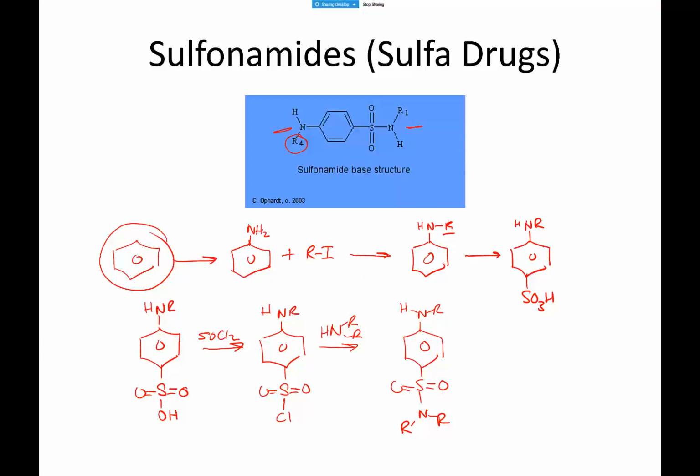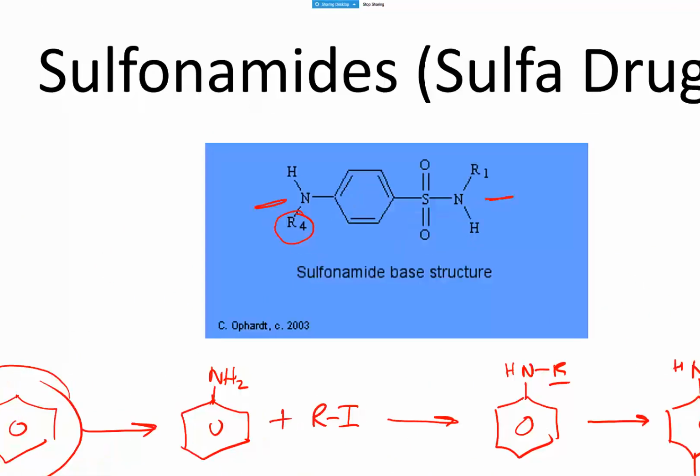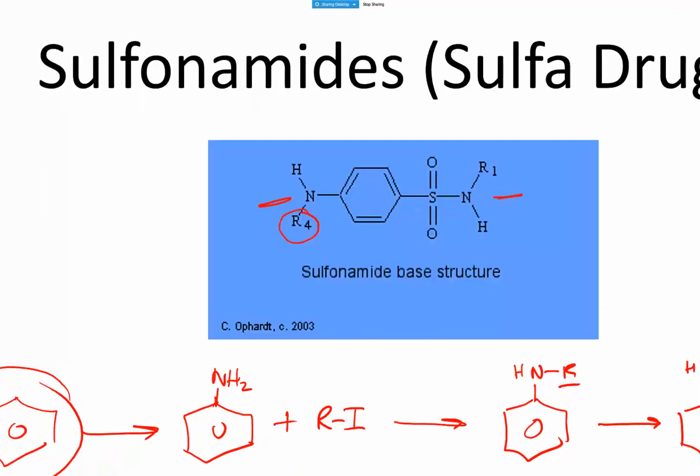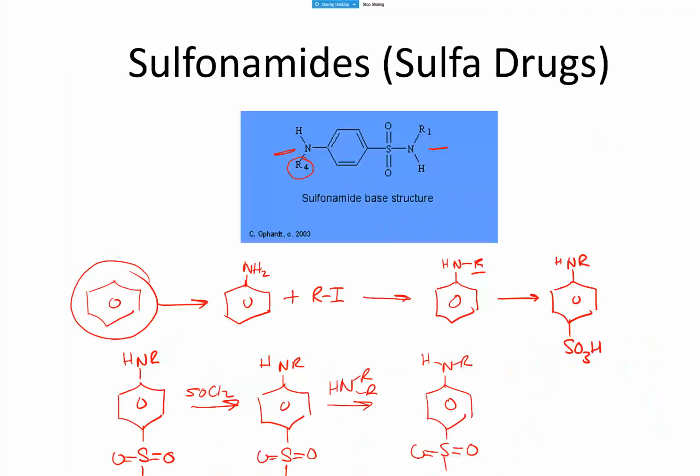So, in a sulfamide drug, you have a nitrogen group attached to the ring. You have an SO2 group, and then you have a nitrogen group on the other side of that sulfur. And so we'll go through here quick because actually we know the reactions that we can use to make this molecule. So we can make our sulfamide, we can make these sulfa drugs.